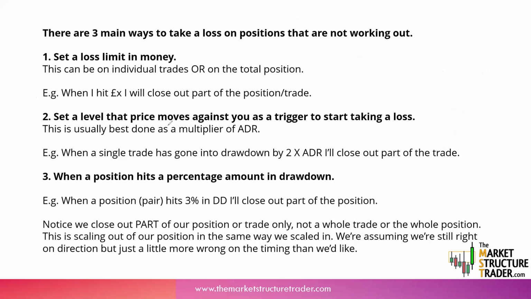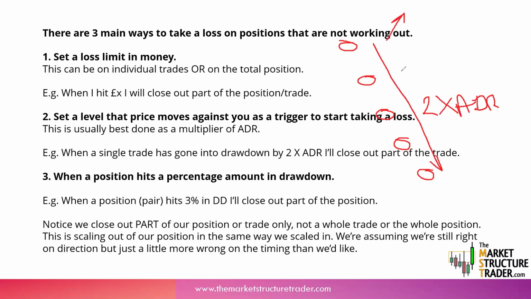You can set a level that price moves against you as a trigger to start taking a loss. This is usually best done with a multiplier of ADR. Okay, so when we've taken our position long, we've got into 5 trades. Okay, if this is 2 ADR, so if the market has moved 2 ADR against me since I took my first position when I was expecting some kind of up movement, I will then say, now I'm going to start doing drawdown control.